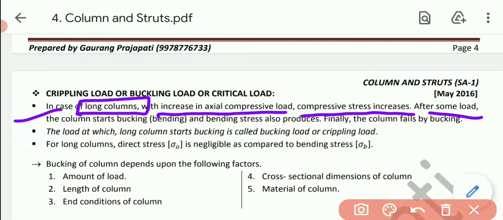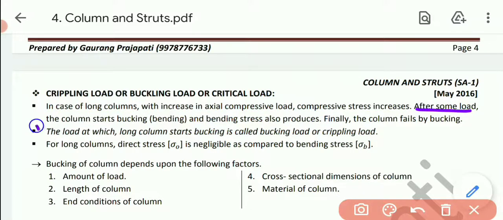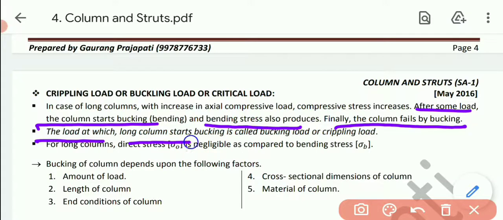After some load, the column starts buckling, or we can say bending, and bending stress is also produced. In the case of crushing load, after some point, as the load increased, the column failed directly. But in this one, after some load, the column starts buckling. It will not fail directly; it will first buckle, or bend, and bending stress is also produced. Finally the column fails by buckling. So the load at which the long column starts buckling is known as the buckling load, or crippling load. So that's the difference between them.